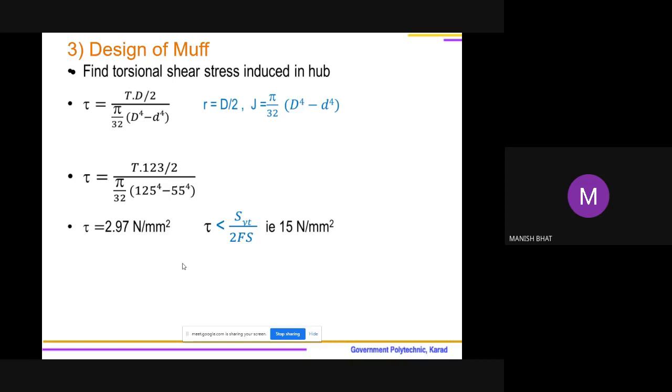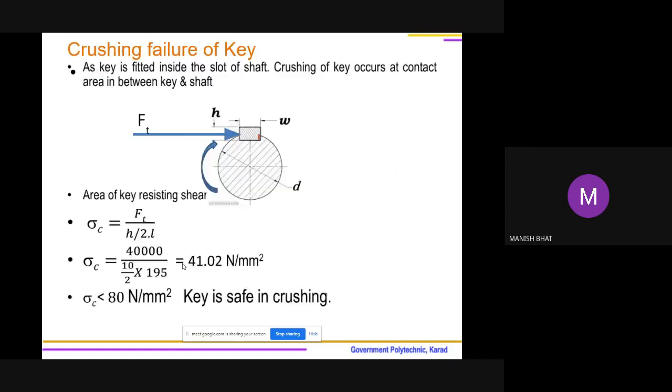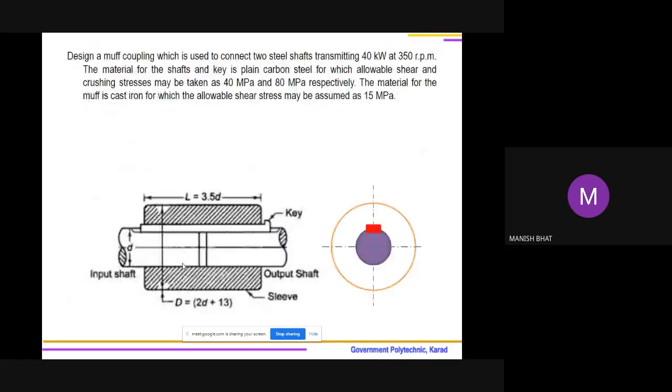It is 2.97. When you go on solving problems, you will understand that torsional shear stress used to be a very small value. The material is cast iron. It is given in the problem that the allowable shear stress is 15 Newton per mm square. In the problem, the material for the muff is cast iron, whereas plain carbon steel is used for the shaft and key.